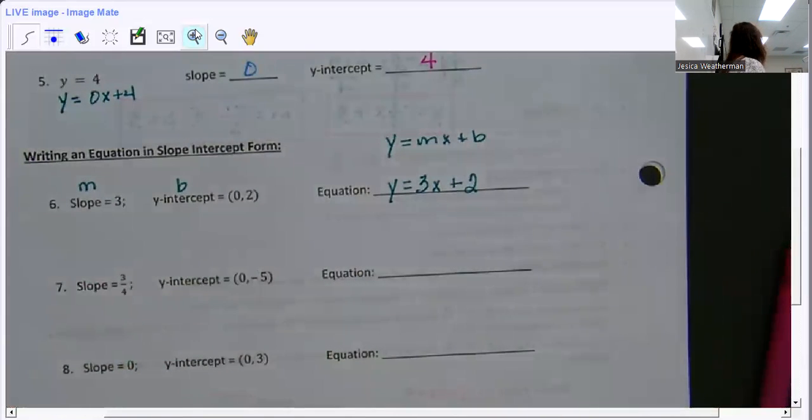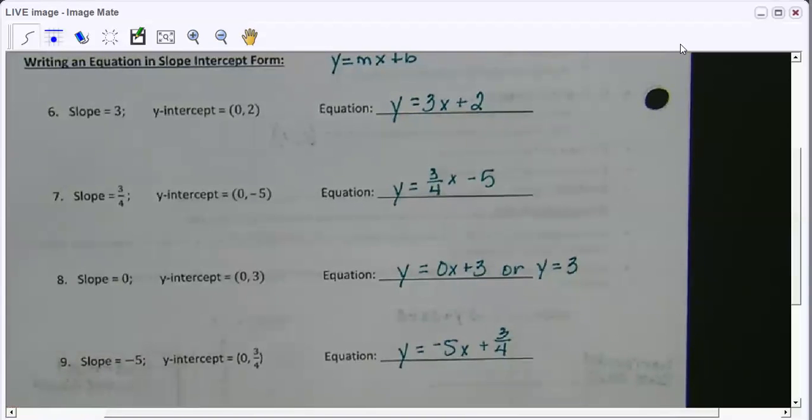Okay. So you're just plugging all those in. So go ahead and finish that up. Again, this is review, so we can go a little bit faster. Go ahead and check these.